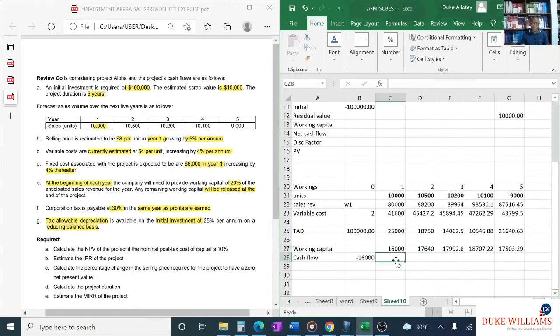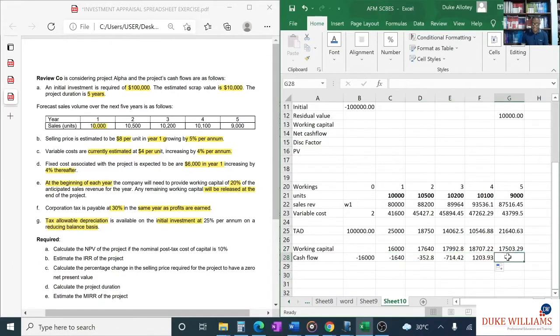So all I need to do is, when I come here, look at the negative of this figure and take away that figure, close it. Once I have it, I can drag this all the way to that point.